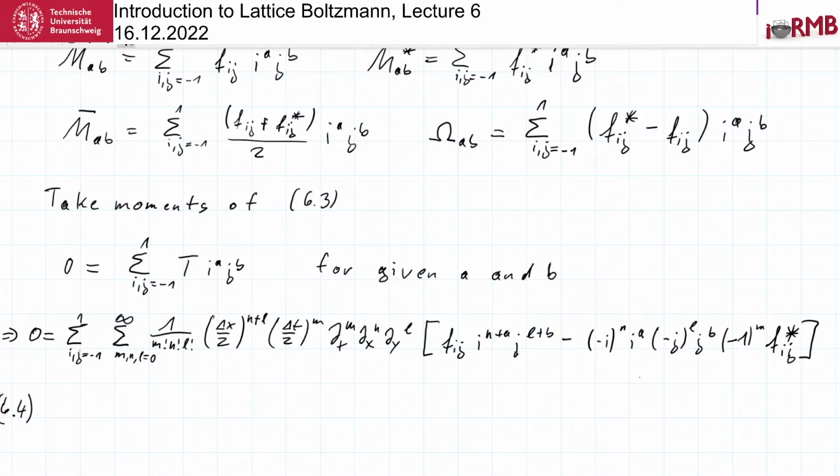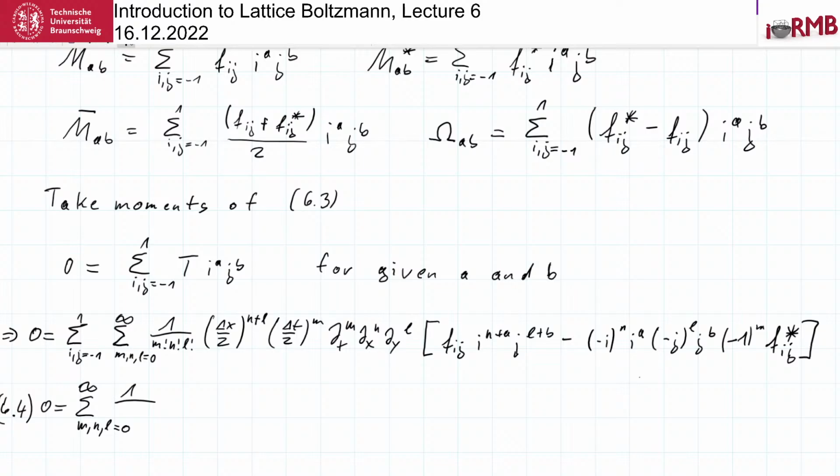Okay, we introduce now another equation 6.3, where we replace these distributions by their moments, which gives us then an equation for the moments. So again, everything equals 0. Yeah? And now we have only the sum over m, n, l, and these start from 0 and go to infinity.